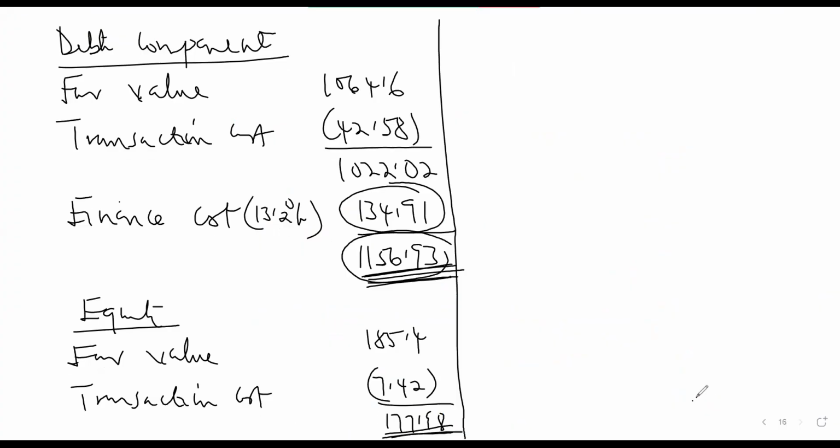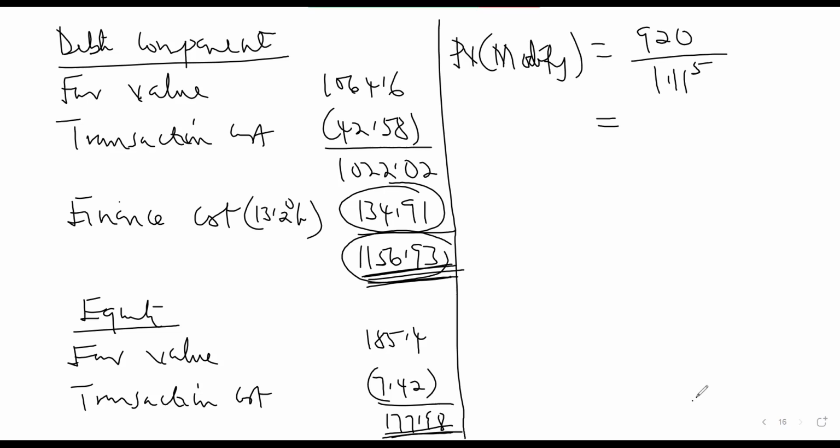So let's look at the present value of the modified cash flow. That will be calculated as 920 divided by 1.11 exponent 5. The original effective interest rate is 11%, over 5 years.